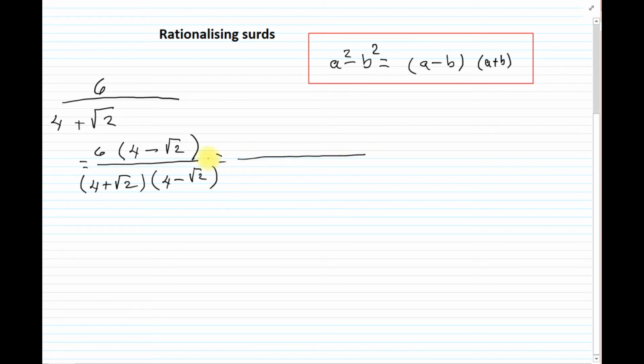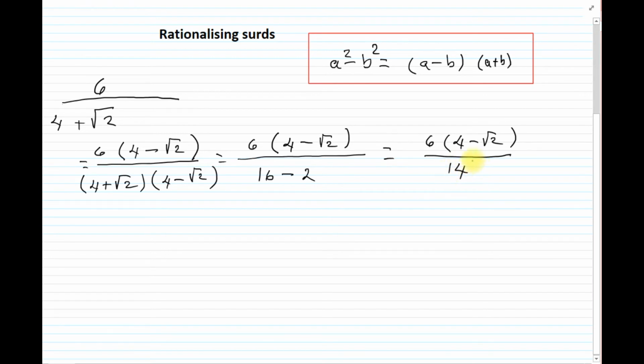I can keep the 6 outside the bracket. That would become 6 bracket 4 minus square root of 2. The denominator will be 4 squared, which will be 16, minus square root of 2 squared, which will be 2. So this will be 6 bracket 4 minus square root of 2 divided by 14.